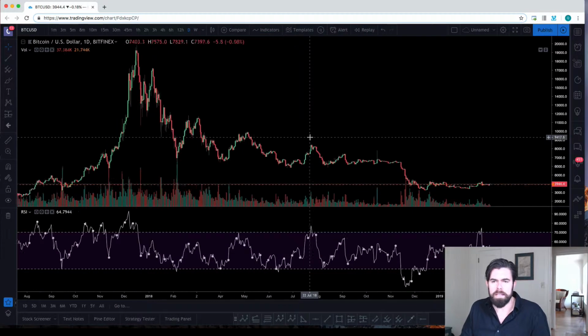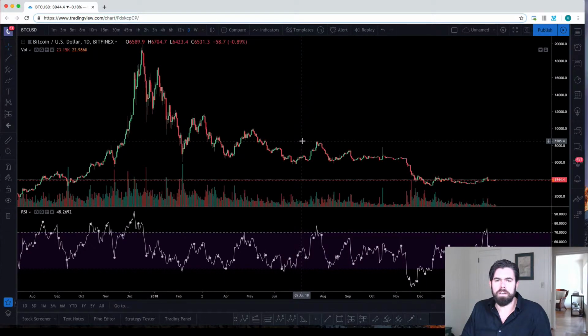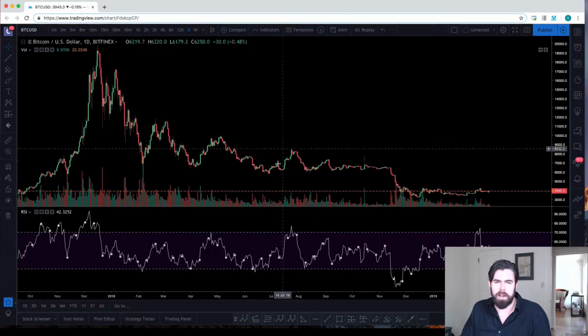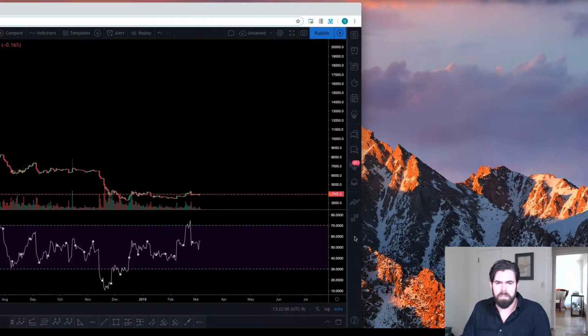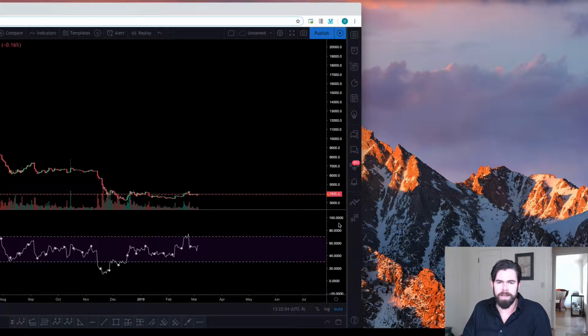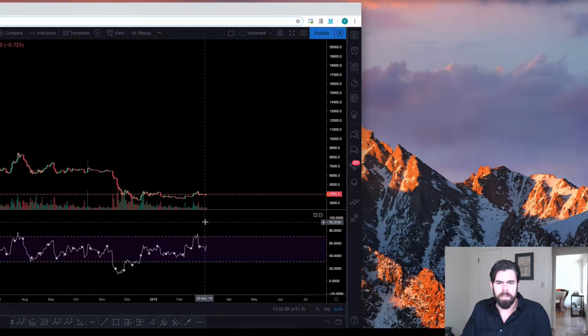All right, so what is the relative strength index? The RSI is a momentum oscillator. And really what it shows is strength and weakness in the price action. That's what we're looking for. As you can see here, there's a range between 0 and 100 that this RSI line oscillates between.